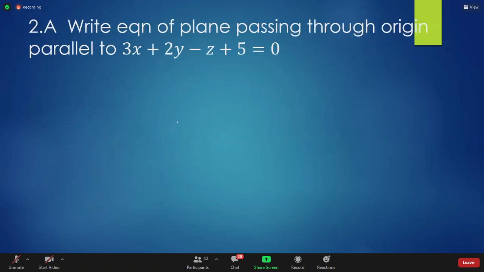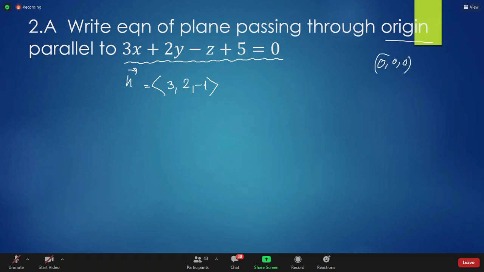Now, another thing. Plane passing through origin parallel to this given plane. So the normal vector of this plane is 3, 2, minus 1. That's the normal vector. Passing through origin means that one point I know in this plane is 0, 0, 0, because those are the coordinates of origin.